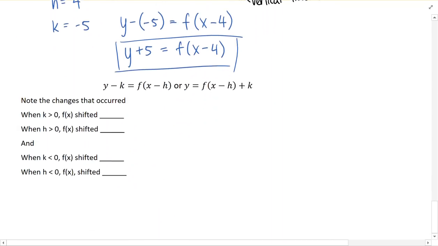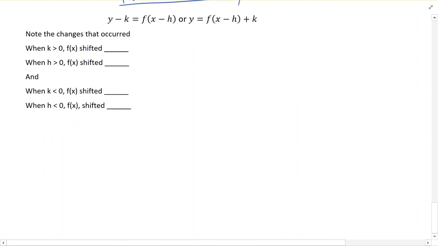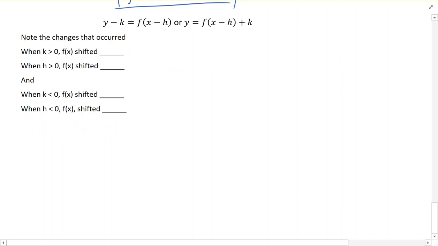Okay, so just to summarize what we talked about today, which is vertical and horizontal translations. Note the changes that occurred. In these particular equations, when k is bigger than 0, k being the vertical translation, then your function will be shifted up.